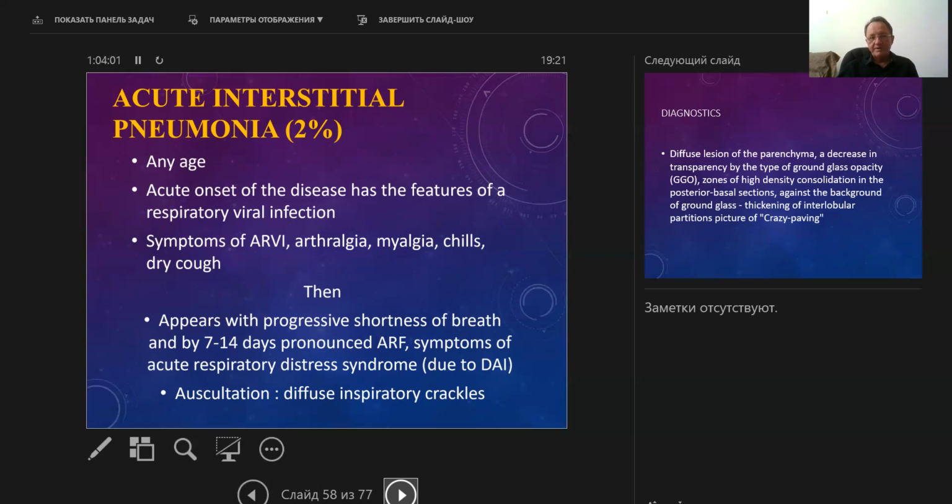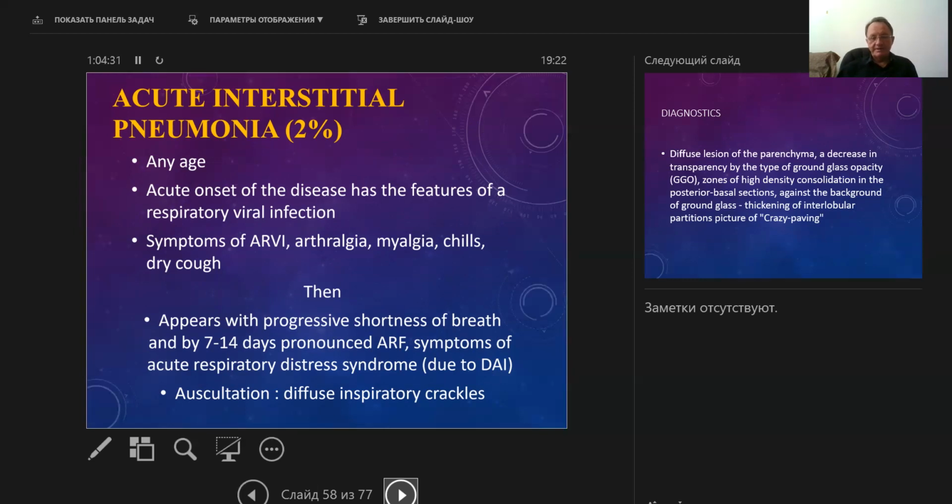And now we have experience treating patients with the new coronavirus infection with acute respiratory distress syndrome. It confirmed our conclusion about the crucial role of viruses in this dramatic course of acute interstitial pneumonia.